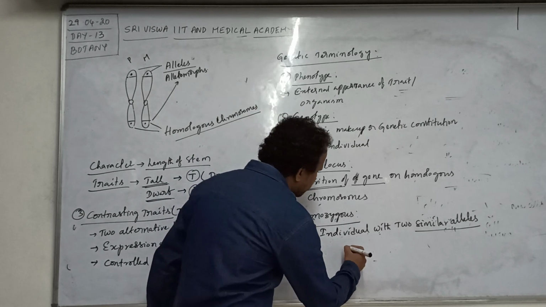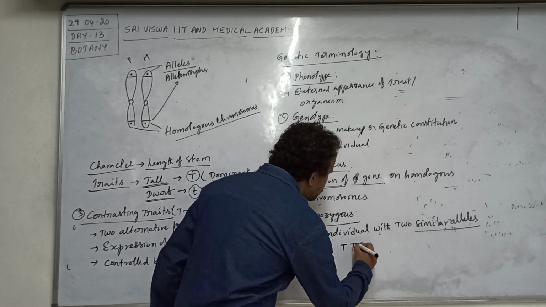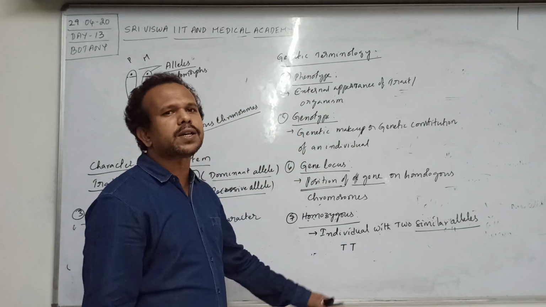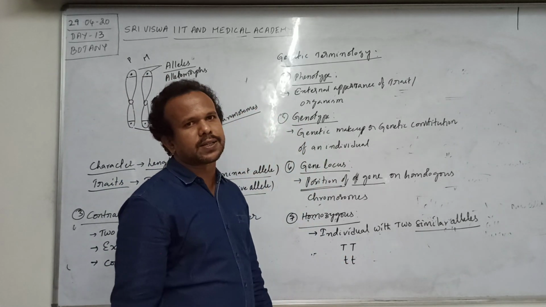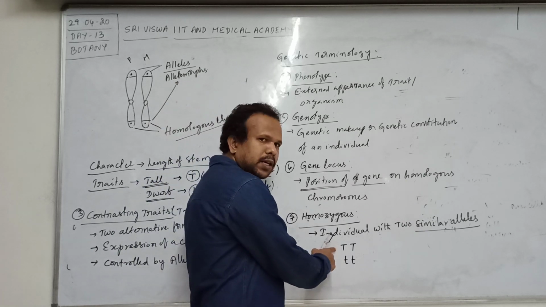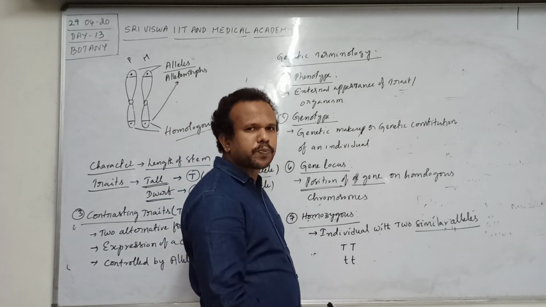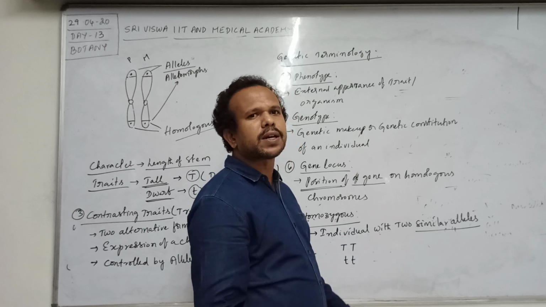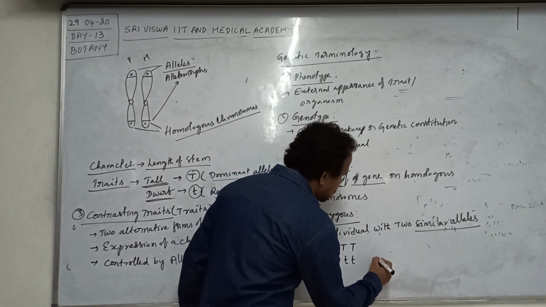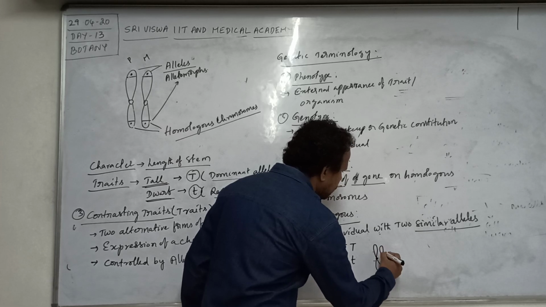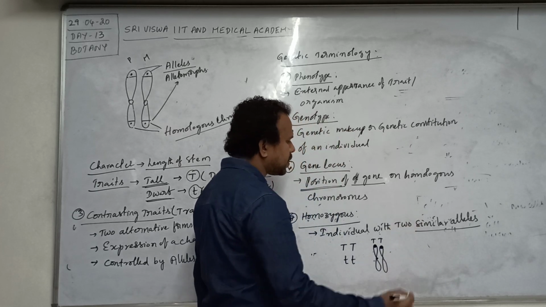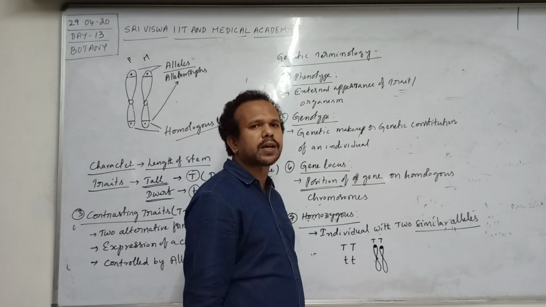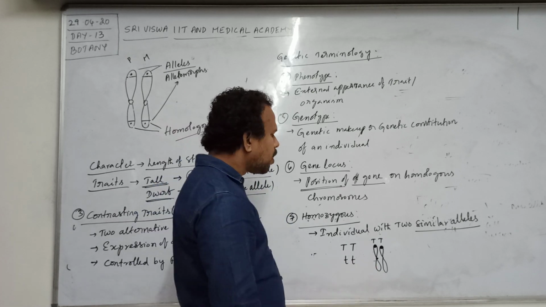If a plant, for example, one individual has two capital T alleles, and another individual has two small t alleles. Here, capital T is present on one chromosome. Another chromosome also contains capital T. For example, this is the chromosome. This is another chromosome. Here, this region has capital T allele. This region also has capital T allele. This is said to be homozygous.